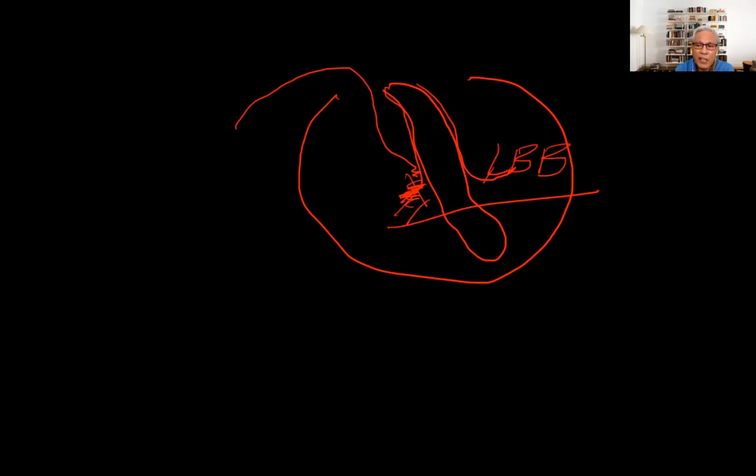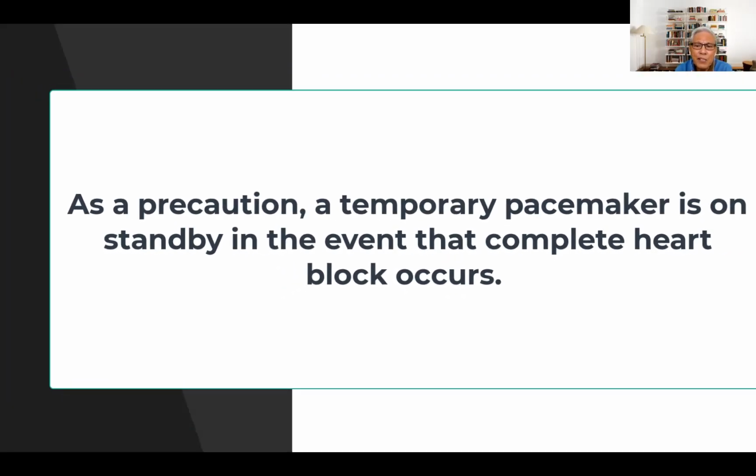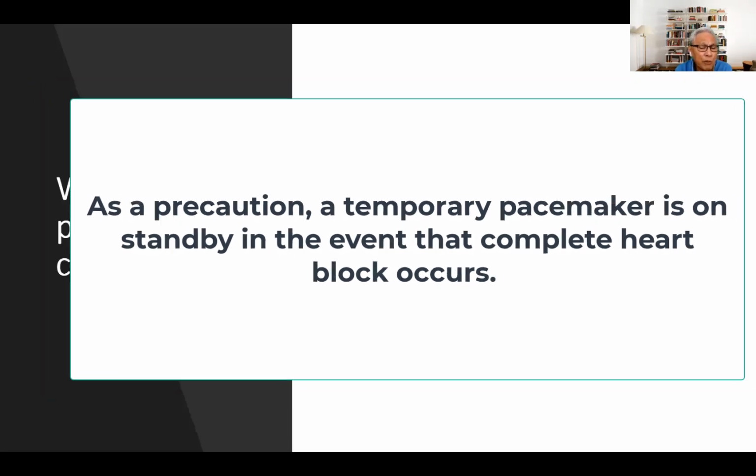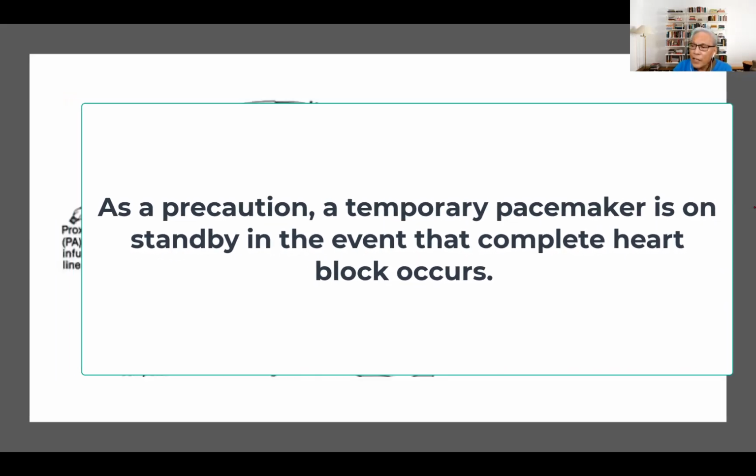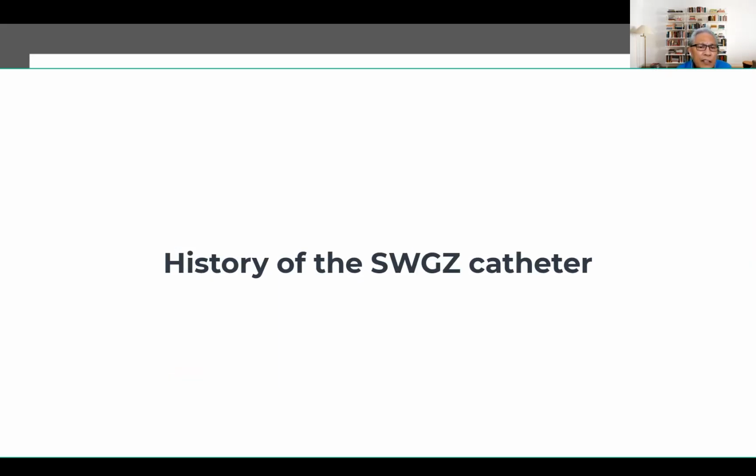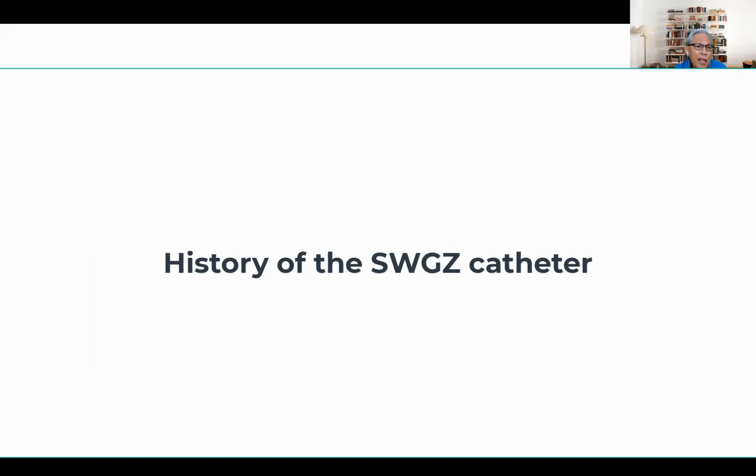So if this is the case, due to the risk of right bundle branch damage during catheter insertion, usually there's an external or a transvenous pacer that will be placed at the moment of the procedure to prevent complete heart block.